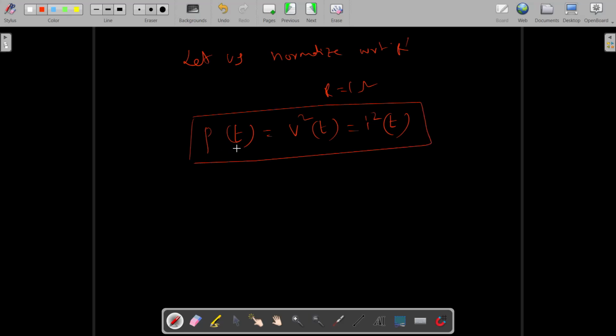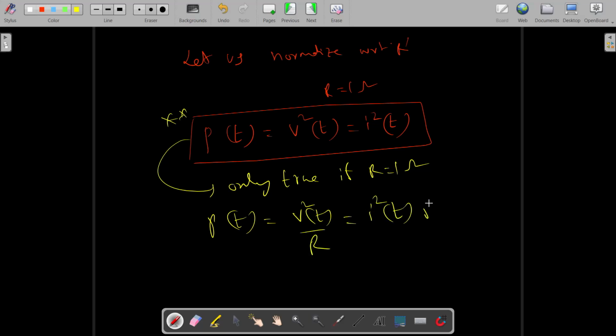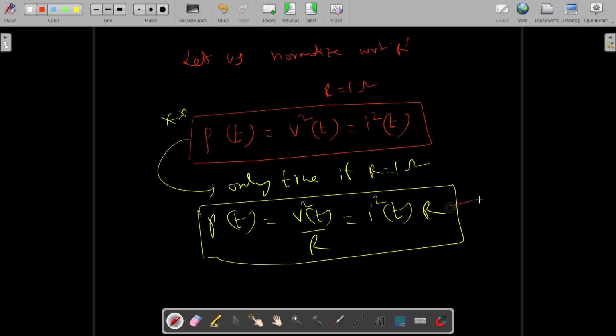Please note that this is only true if R is equal to 1 ohm. If R is not equal to 1 ohm, then P of t is going to be V square of t by R, which is the same as I square of t into R.